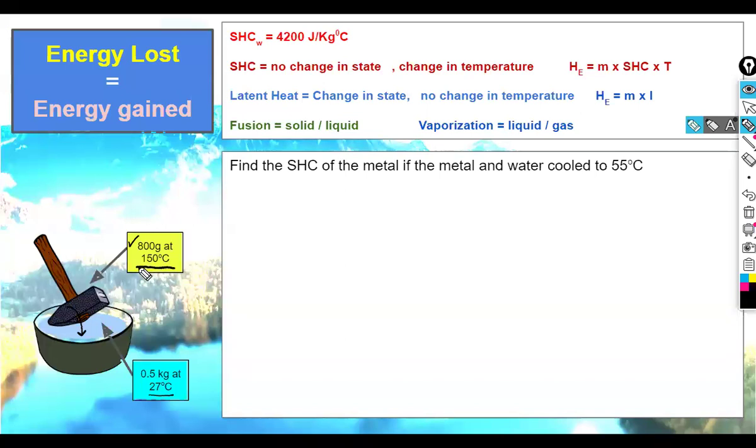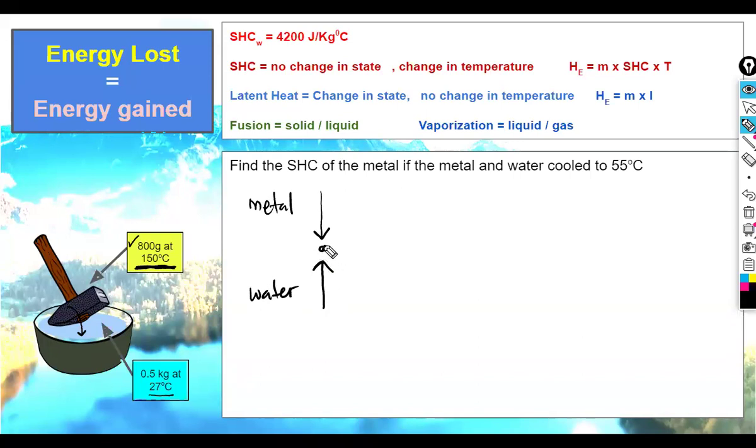What do you think is going to happen to the temperature of the metal? When you place hot metal in water, will the temperature of the metal go up or go down? Right, it will go down. So the metal's temperature will go down, and for the water, the temperature will go up.